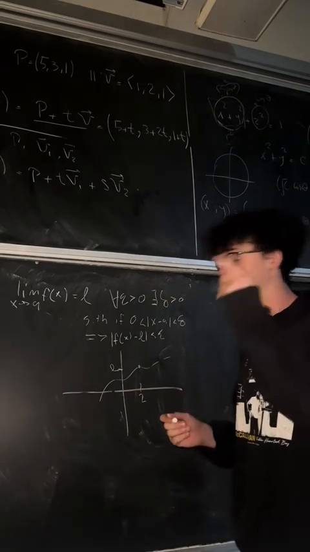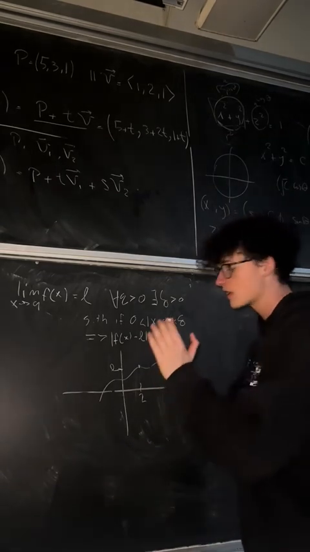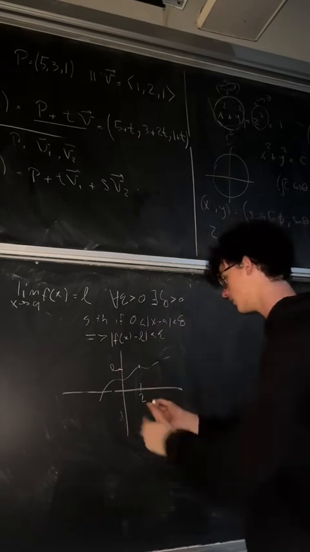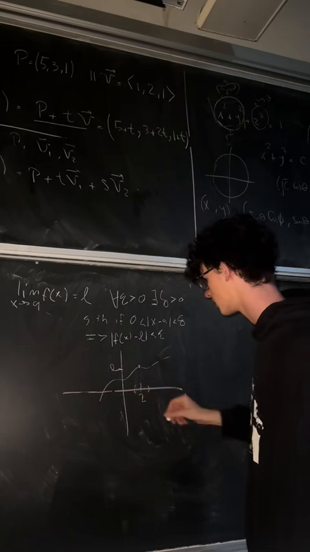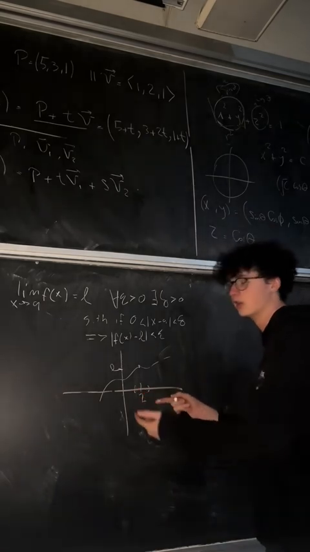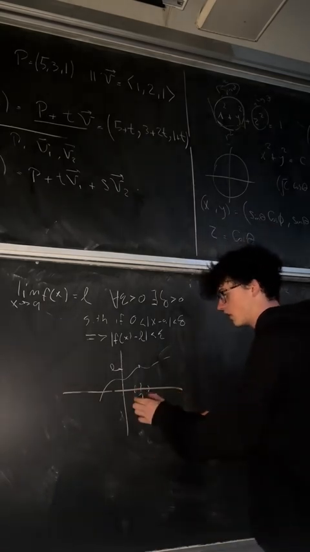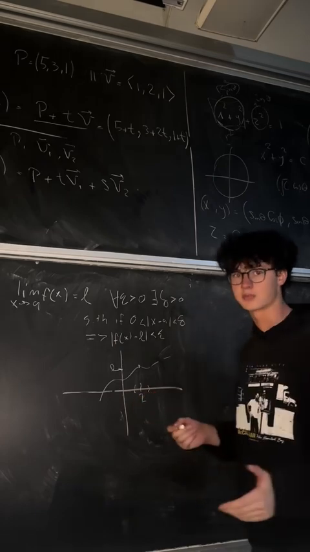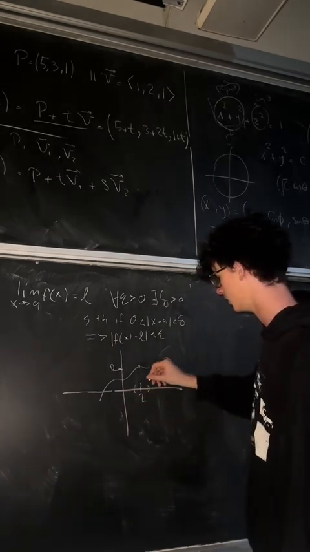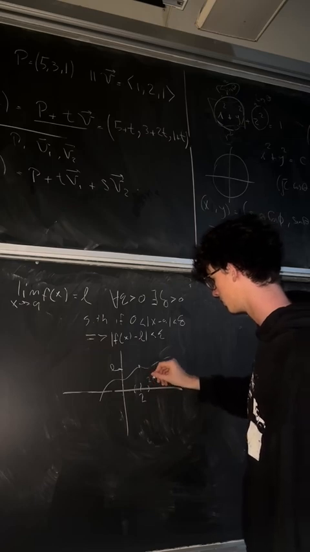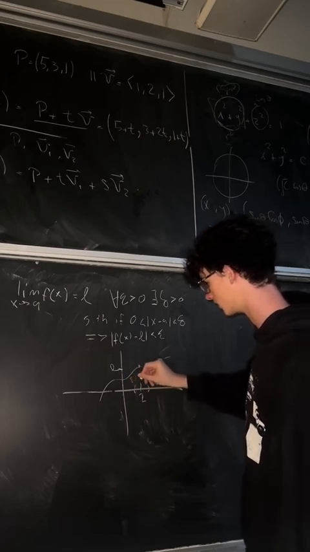Delta is like a delta neighborhood. You can think of it as a super small neighborhood around this x value. So you see this 2? Delta is a very small neighborhood. It's not drawn to scale, but this would be a very small neighborhood, as small as we want, around 2. So this boundary would be 2 plus delta and 2 minus delta.